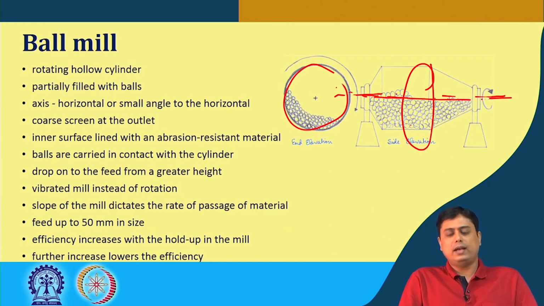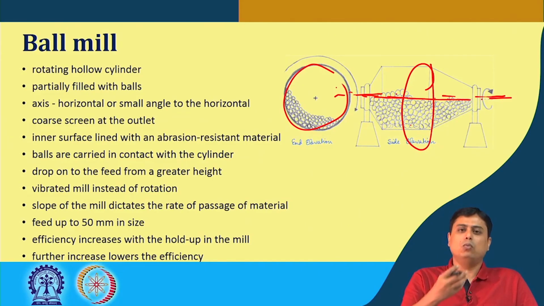Now, it also has to be remembered that the inside wall and the balls should have a high coefficient of friction. The coefficient of friction should be such that the balls can stay in contact with the rotating wall, so that they can go to the uppermost position, or the maximum level, and fall from there.